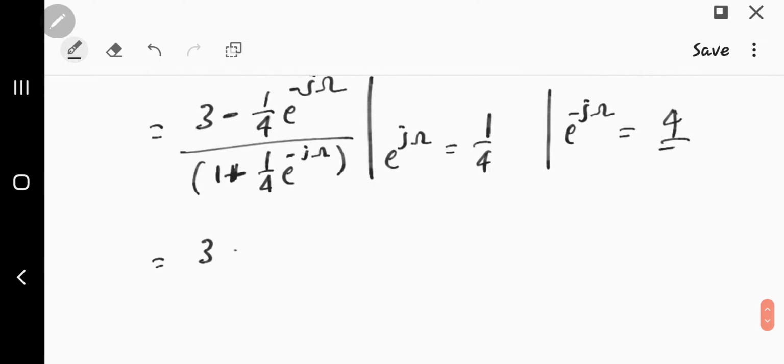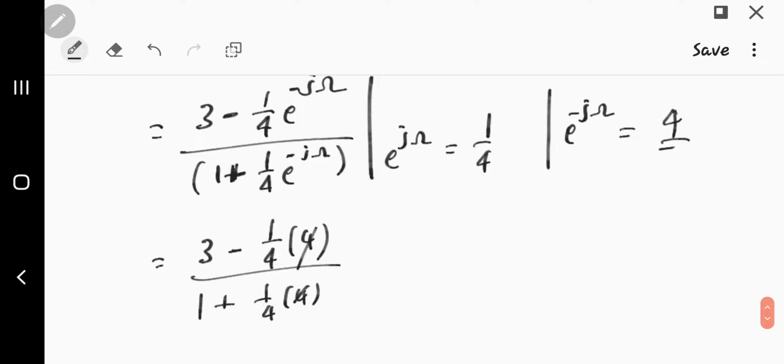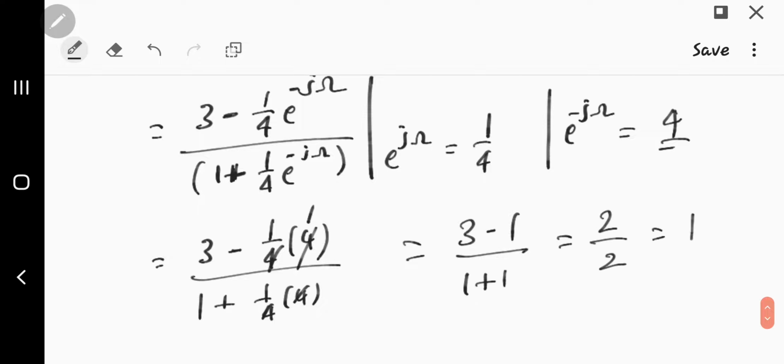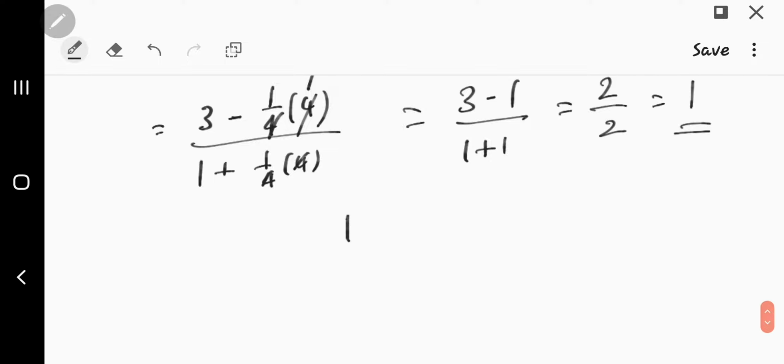So 3 minus 1/4 into 4 divided by 1 plus 1/4 into 4. The 4s get cancelled, and we remain with 3 minus 1 divided by 1 plus 1. So 2 by 2 is equal to 1. So the value of B is equal to 1.